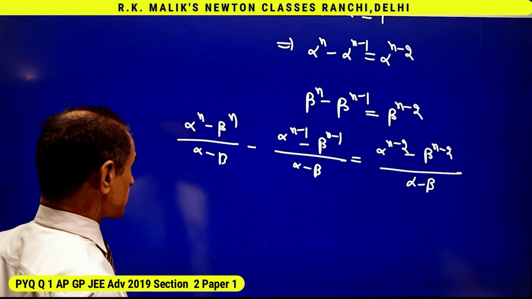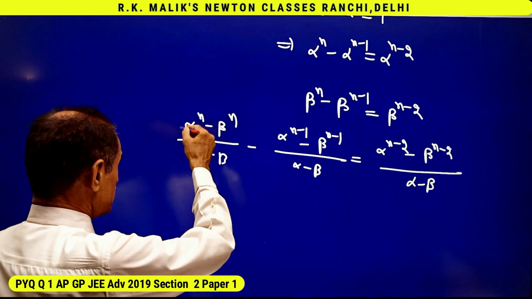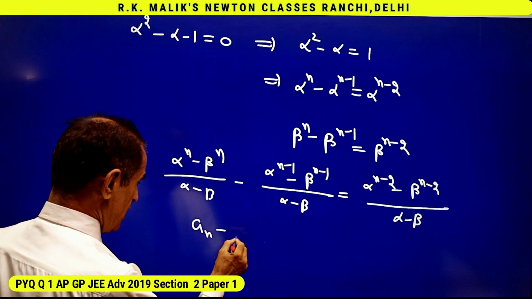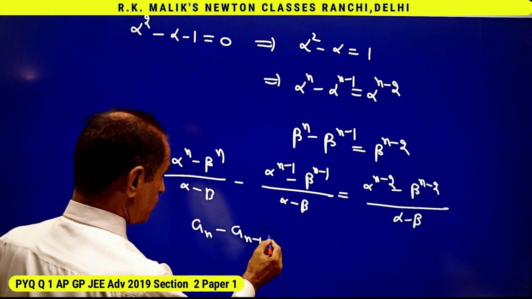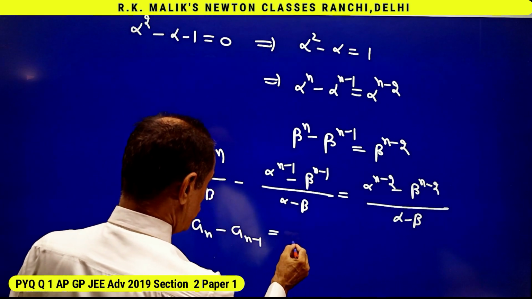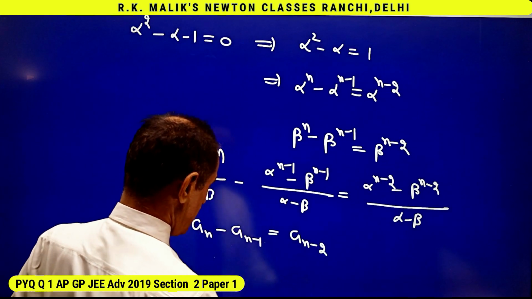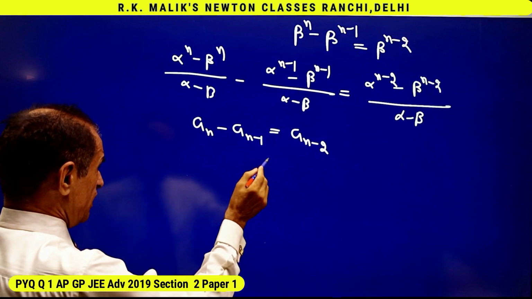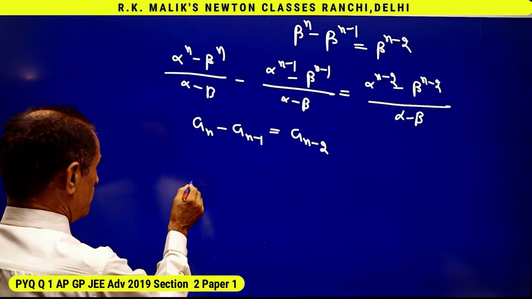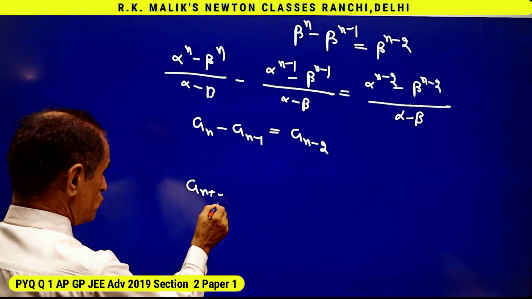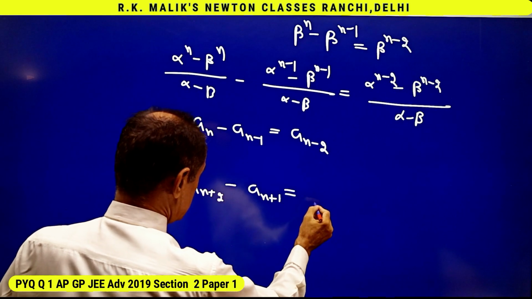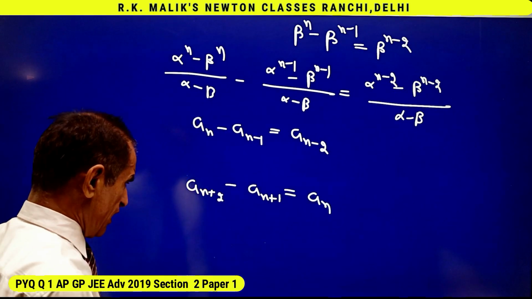That is, I get the conclusion that a n minus a n minus 1 is equal to a n minus 2. And now for n plus 2, I'll be getting a n plus 2 minus a n plus 1 is equal to a n.